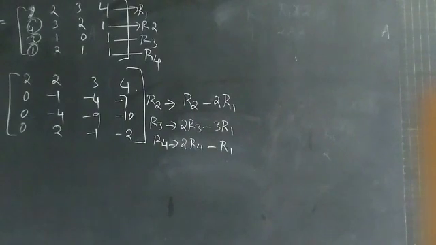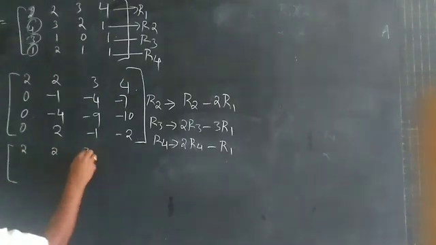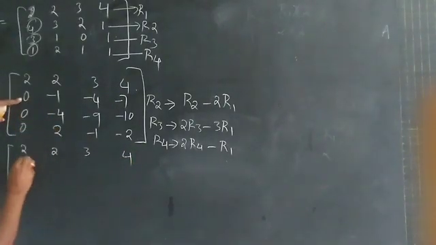Now, suppose, so the first step means these three elements should be reduced to 0. Now suppose I don't want to take one more step. If I multiply by minus, this minus will become plus. Okay, I will take one more step. So 2, 3, 4. This is 0.